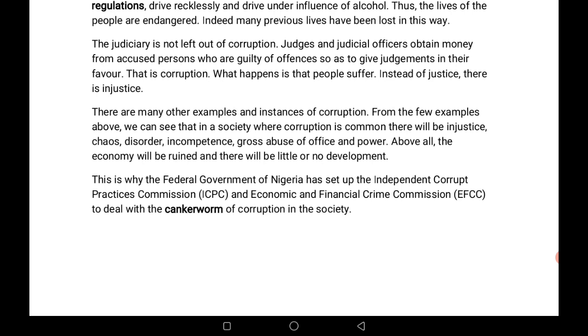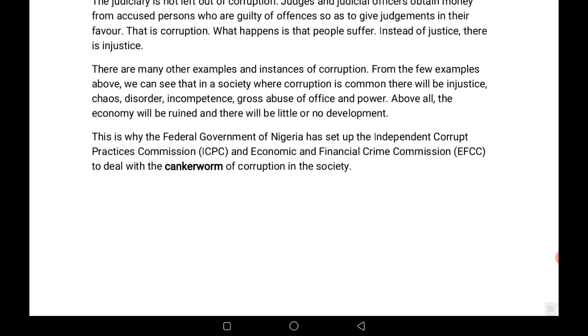From the few examples above, we can see that in a society where corruption is common, there will be injustice, chaos, disorder or incompetence, gross abuse of office and power. Above all, the economy will be ruined and there will be little or no development.